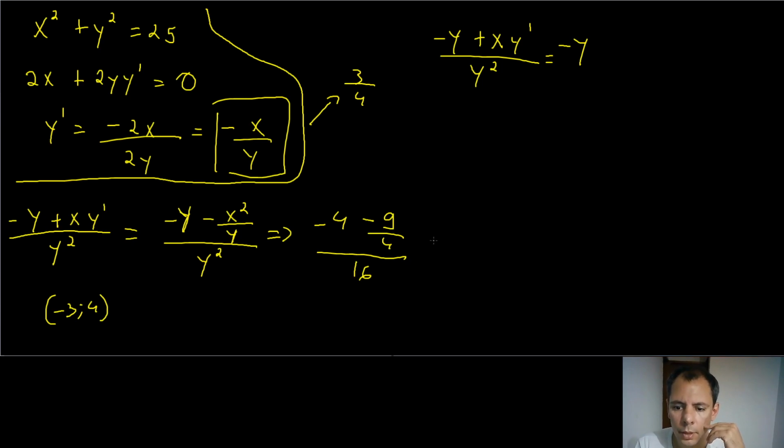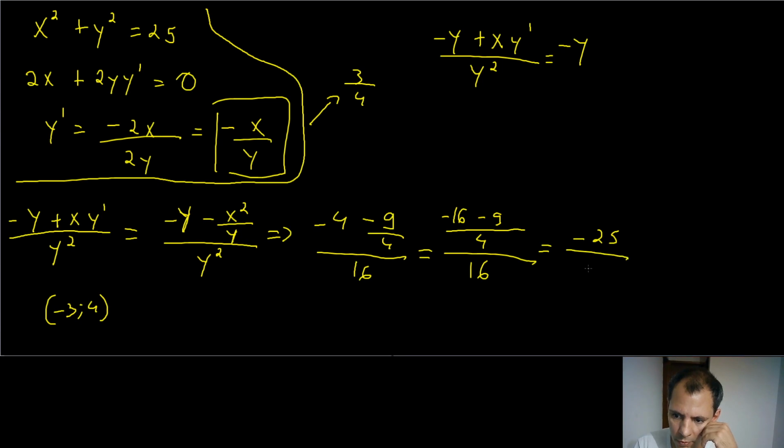Okay, now taking the minimum common denominator here, this whole thing is going to be 4, and this is going to be -16 minus 9/16, which is going to be minus 25 over 64.